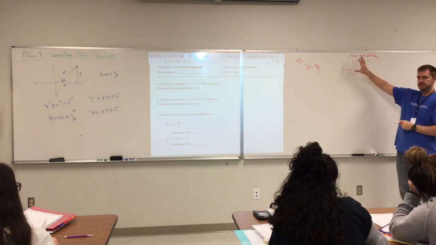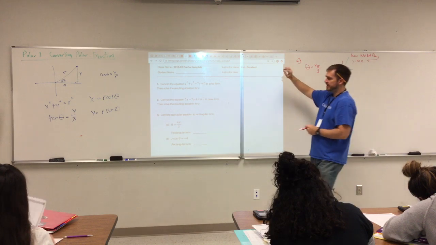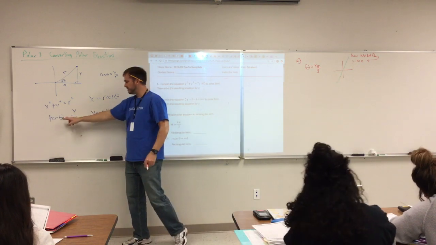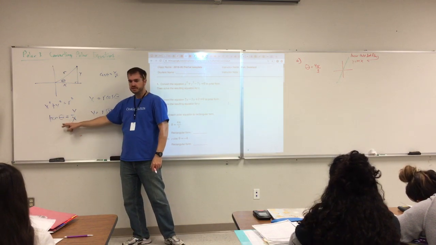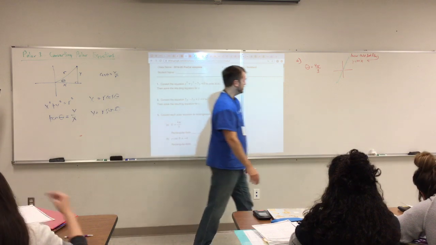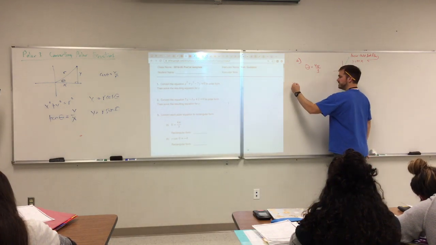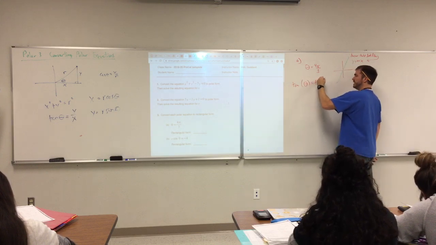Alright, so that's just preliminary things to think about. Theta equals 4 pi over 3. I'm going to try to turn something with thetas into y's and x's, and this part right here, tangent theta equals y over x, is my best option. So what I'm going to do, something pretty strange, is take the tangent of both sides of the equation.